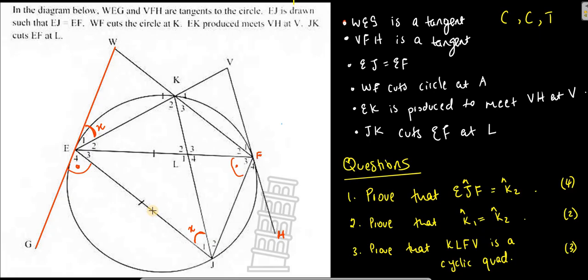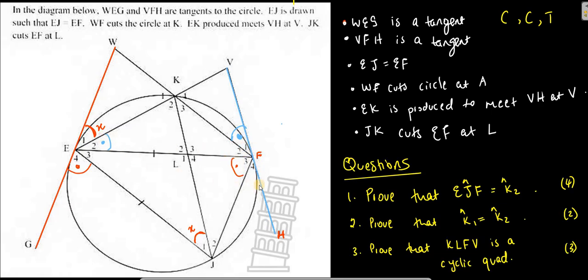Okay, and then we also have VFH as a tangent, right? So if we show VFH as a tangent here, it will be this line here. So this is VFH. So guys, this angle here, this one, is gonna be equal to this one.